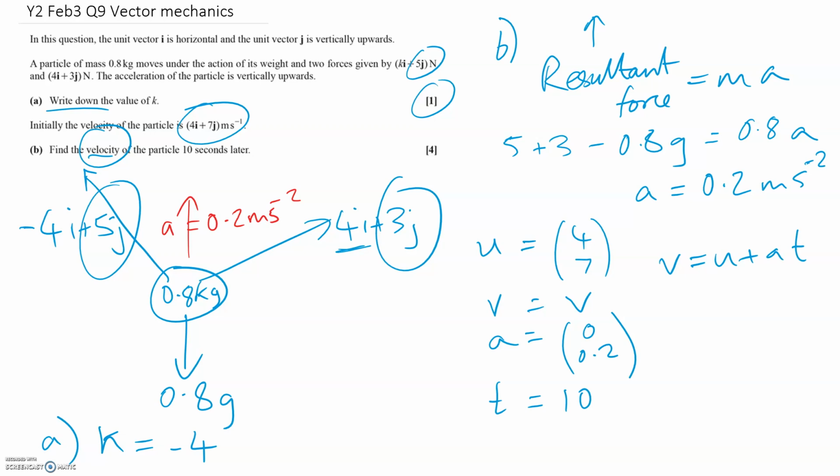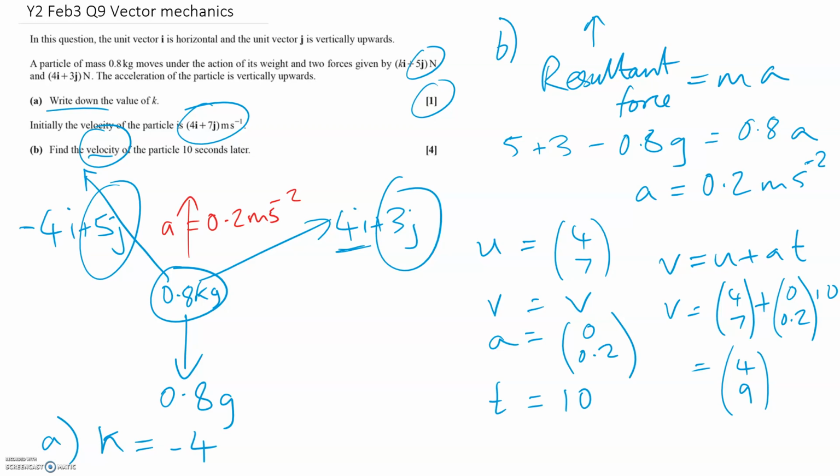Sticking in all our values, we've got 4, 7 plus 0, 0.2 all times by 10, and you can see that will give a velocity of 4, and 7 plus 2, that will give a velocity of 4, 9 meters per second.